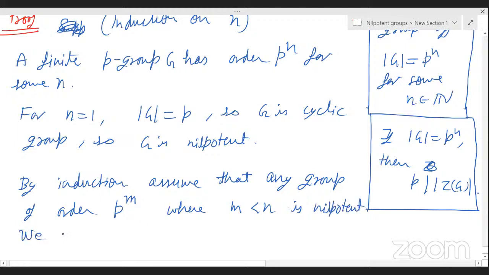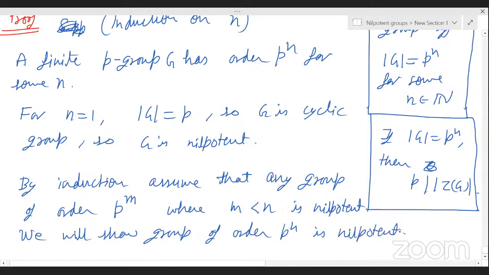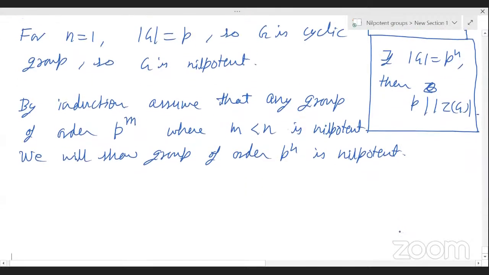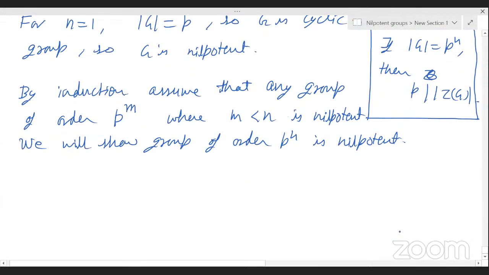We will show a group of order p to the power n is nilpotent. Once we show that a group of order p to the power n is nilpotent, then any group of order p to the power n is nilpotent for all n. Okay, so let us show it. By induction, we are going to prove it. Suppose G is a group of order p to the power n.